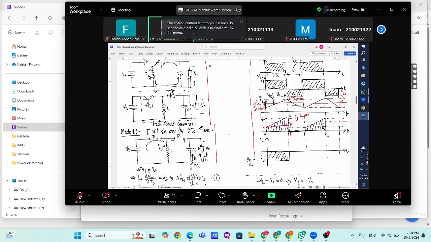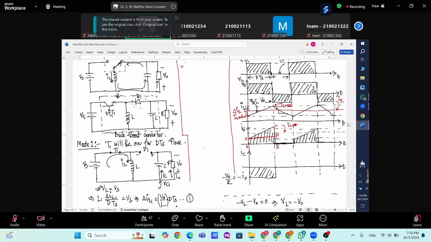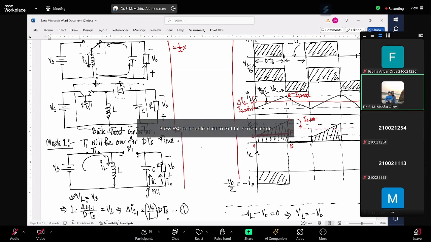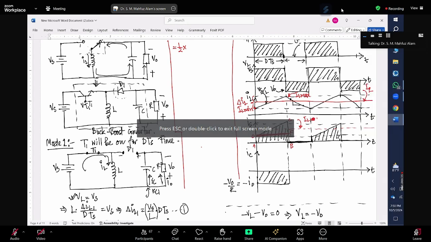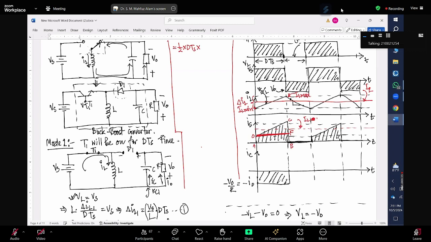So the area of the triangle should be half multiplied by this length. This length is D multiplied by Ts, right? And what is the height? It is the same as del IL, right? So this should be my del IL, plus, what should be the area of this rectangle? IL min into D Ts.